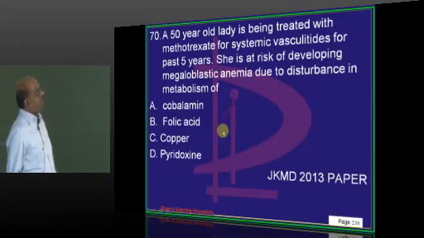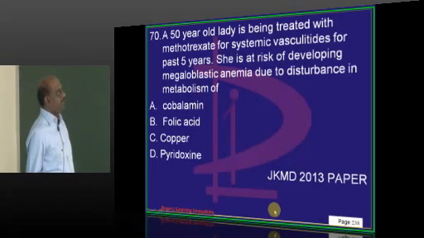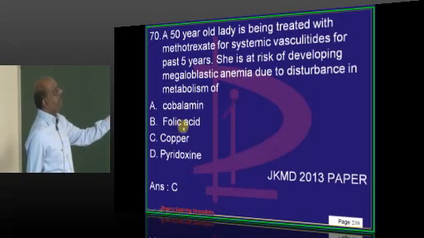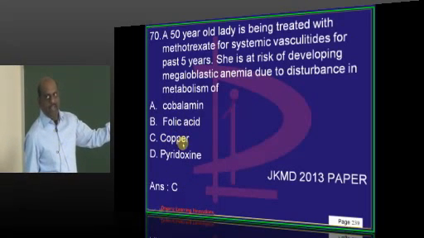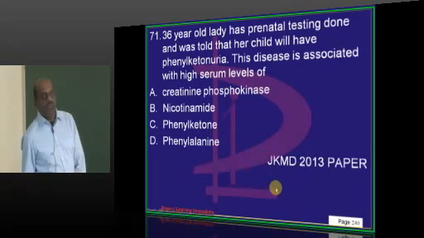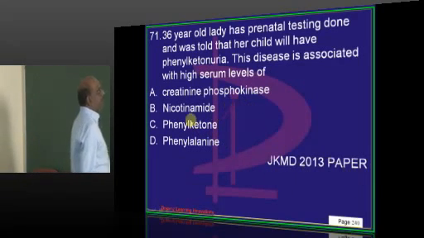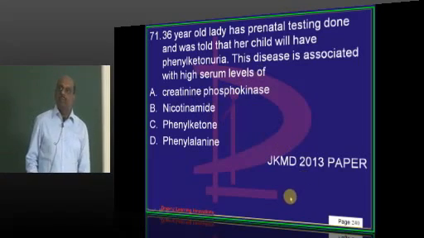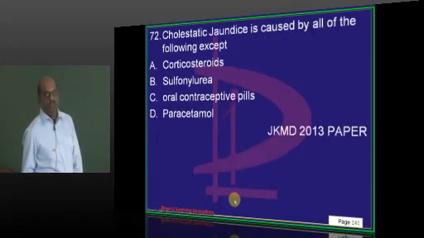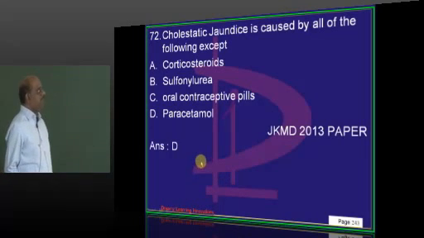Now doctor, 50-year-old, methotrexate. Correct answer will be B, not C, printing error. So it is fundamentally an antifolate, as all of you know very well. Phenylketonuria leads to high levels of phenylalanine in the blood because it can't be metabolized.